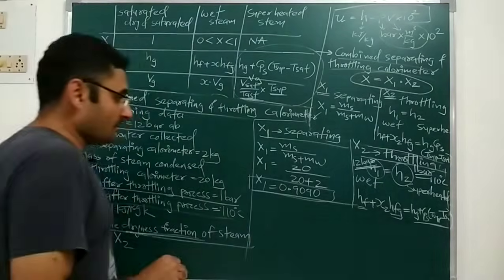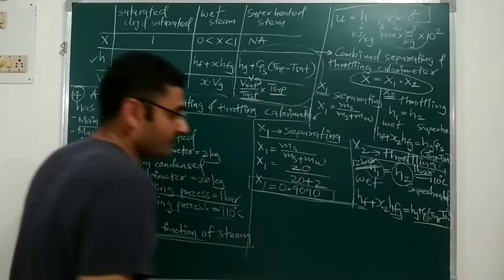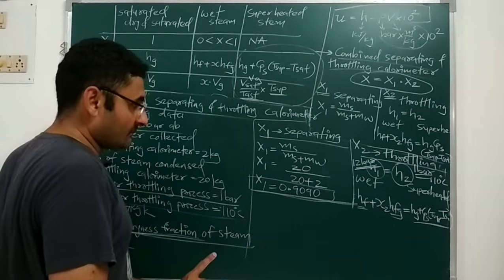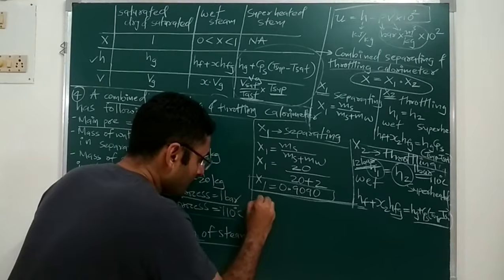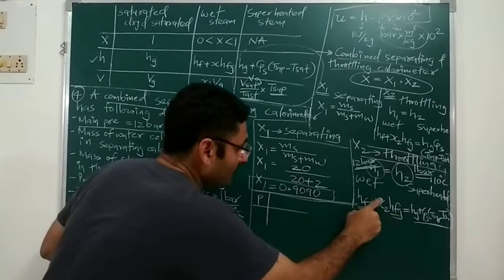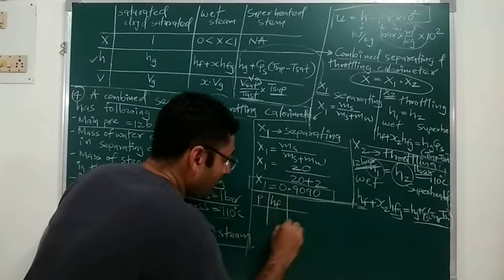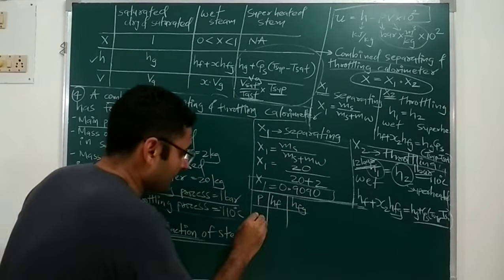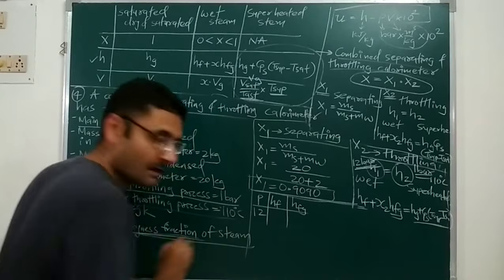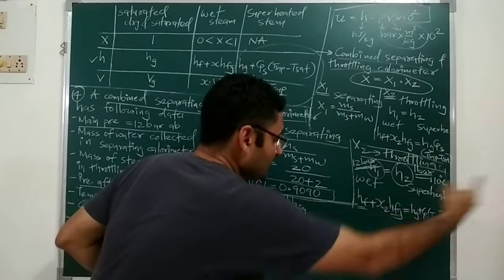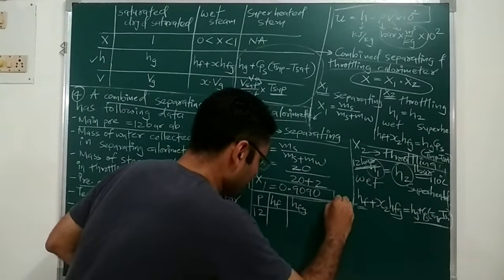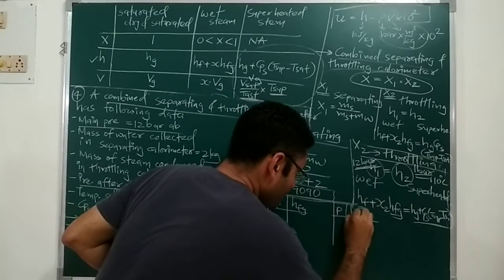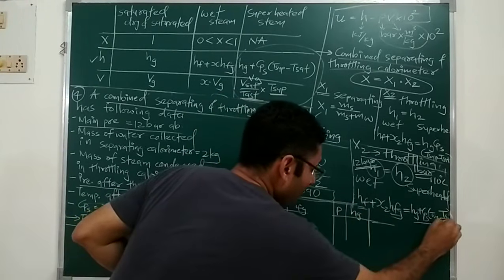Now over here we will prepare the table. First of all, we will find the values of HF, then HFG, at a pressure of 12 bar. Then for H2, we will first find Hg, then T saturated.